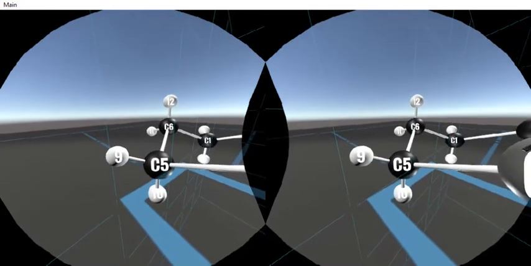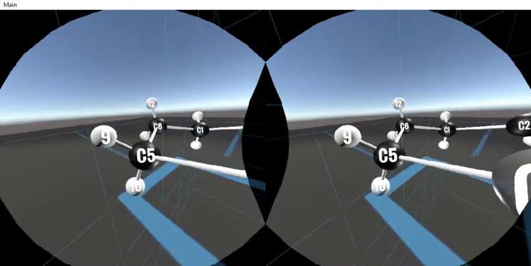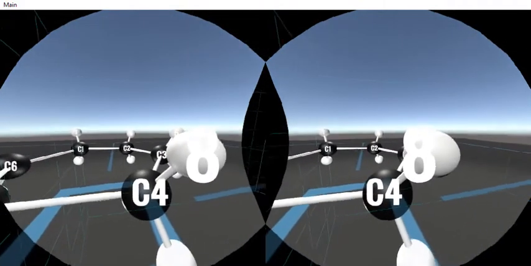We'll do the entire ring flip, and now 9 is equatorial and 10 is axial. And that happens for every single one of the hydrogens.